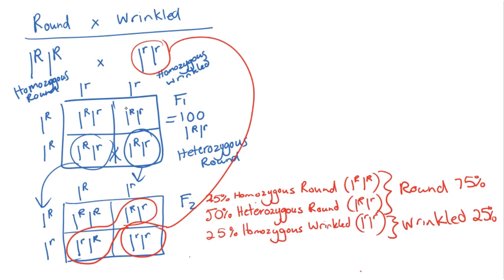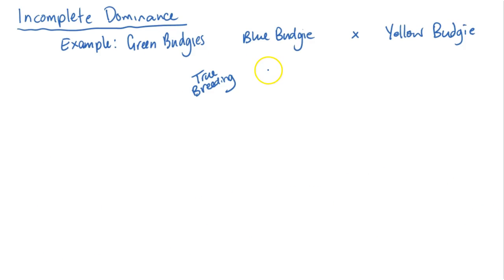Okay, now we're going to use Punnett squares to work out incomplete dominance and codominance. Alright, well, you may not know it, but the budgie is a well-known pet in Australia, and people love budgies, and there are different colours. Main ones are blue, yellow and green.